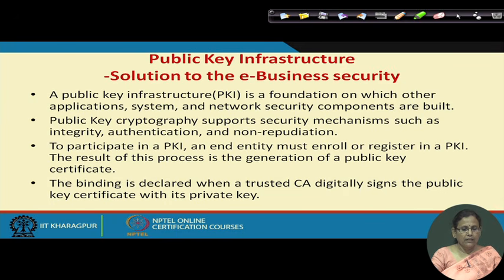Then, in order to participate in this public key infrastructure, the entity must enroll or register with the appropriate agency. The result of this process is the generation of a public key certificate, and this binding is declared when a trusted certifying authority digitally signs the public key certificate with its private key.